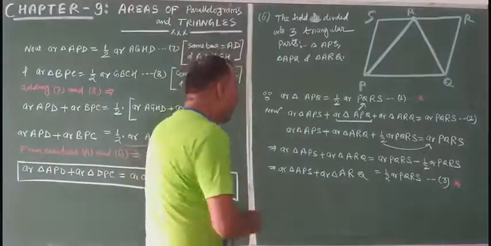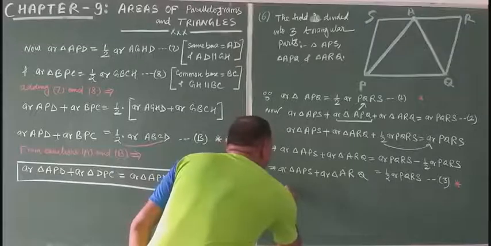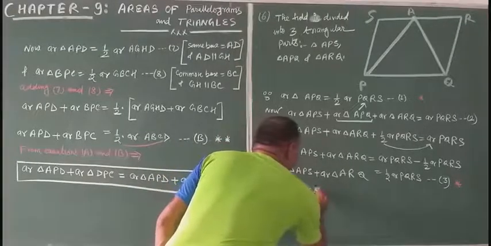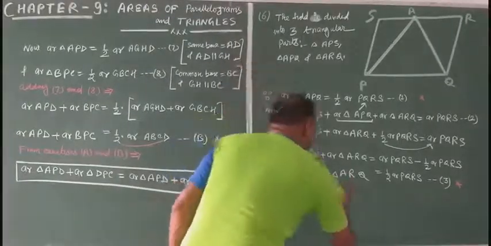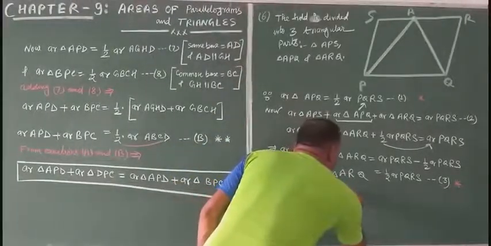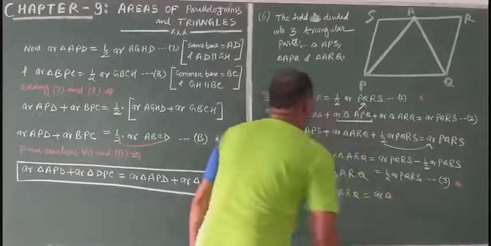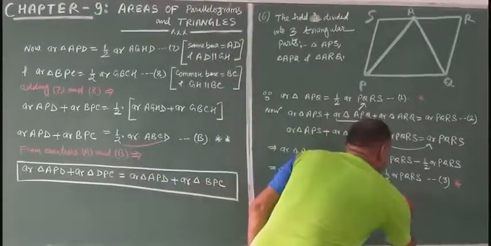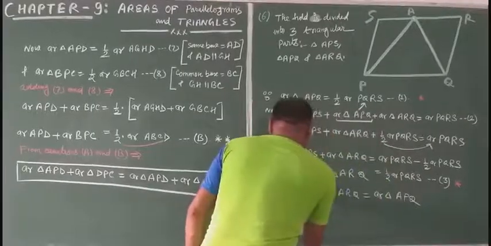So what will happen? Area of triangular part APS plus area of triangular part ARQ will be equal to area of triangular part APQ.